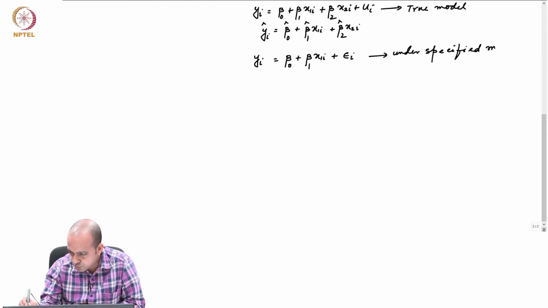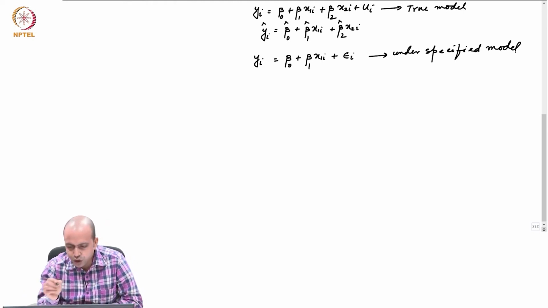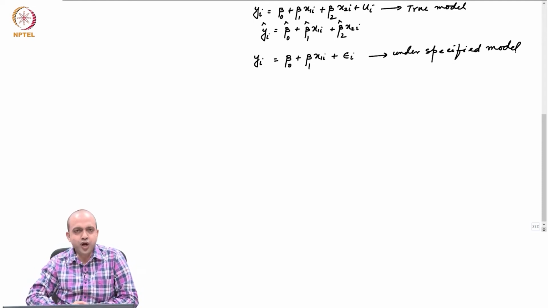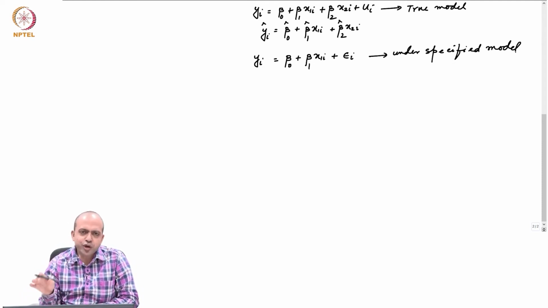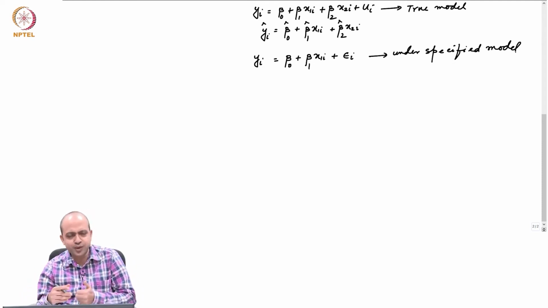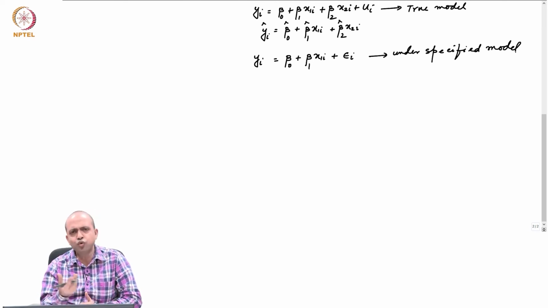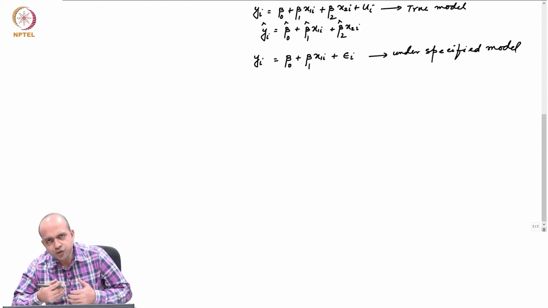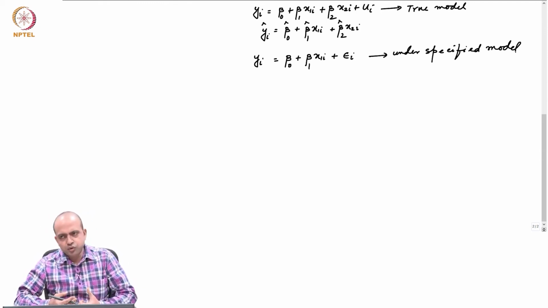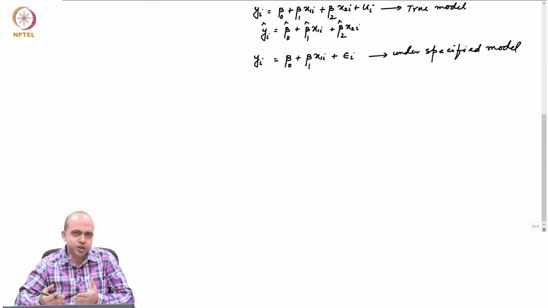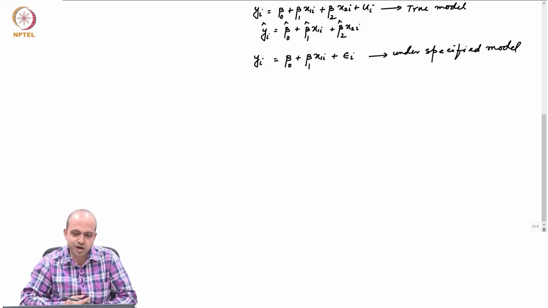Why is this under specified? Because in the true model we require x2i also, but because of our ignorance we do not know that ability also matters, or even if you know, sometimes it is very difficult to observe ability and get measurable data. How do you measure an individual's ability, which is some inert factor, right? Individual's ability is something inbuilt and you cannot observe and collect data on ability.